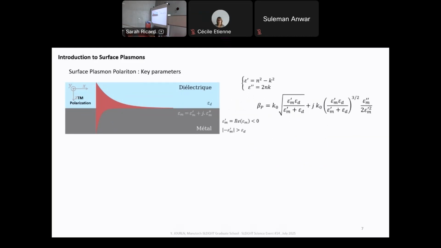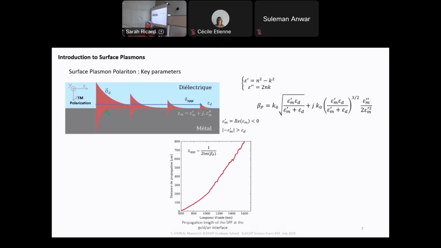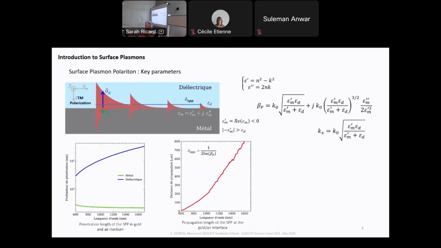We consider mainly the real part for a quick approximation, but there is also an imaginary part, and it propagates like this. And we will define this length of propagation, and it depends on the permittivity of the dielectric and of the metal, and of course on the wavelength. And we will also define something very important for sensing.